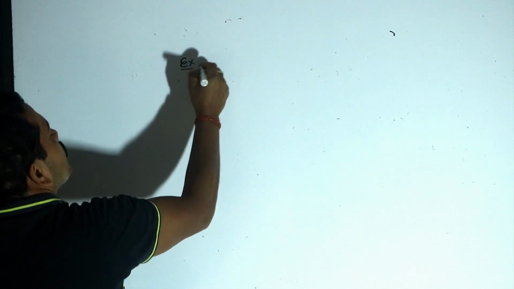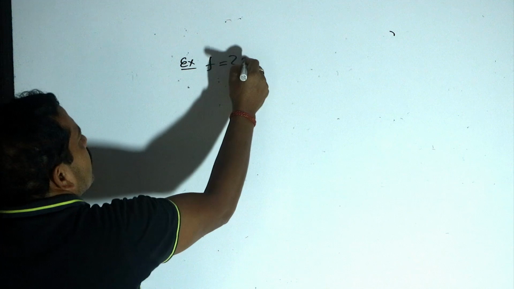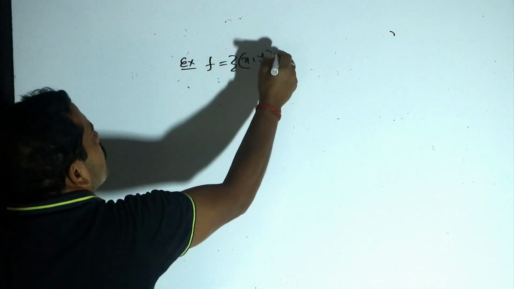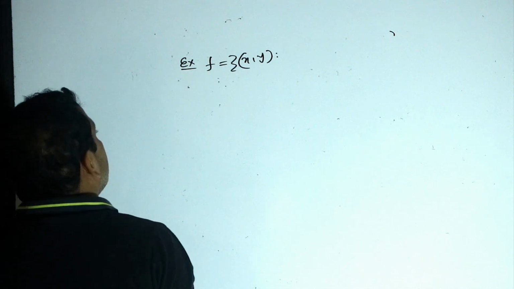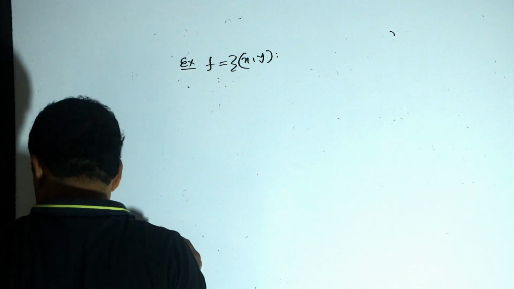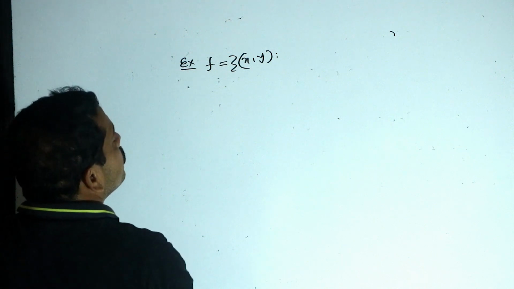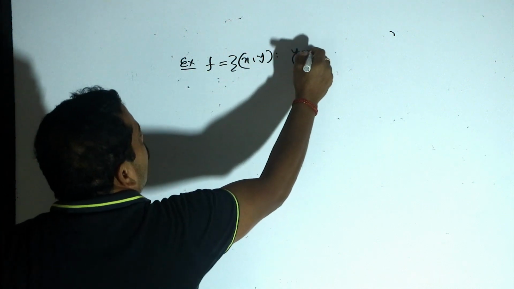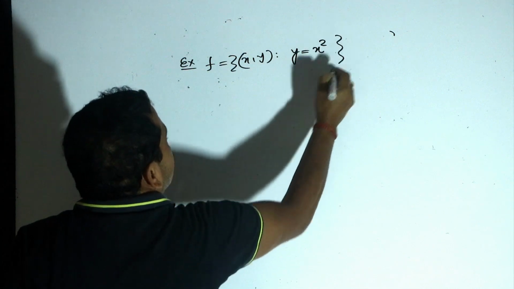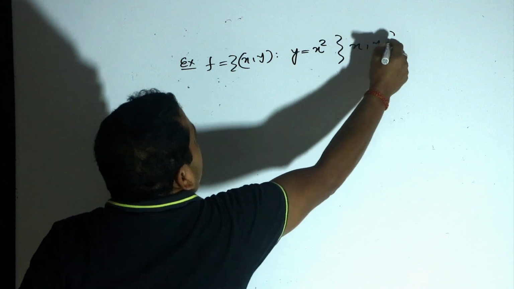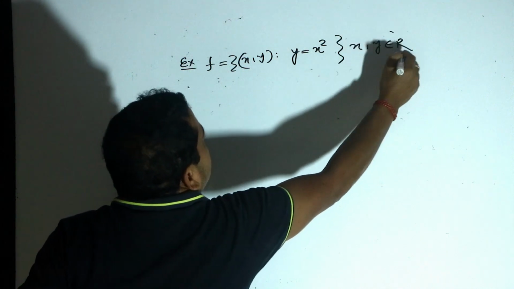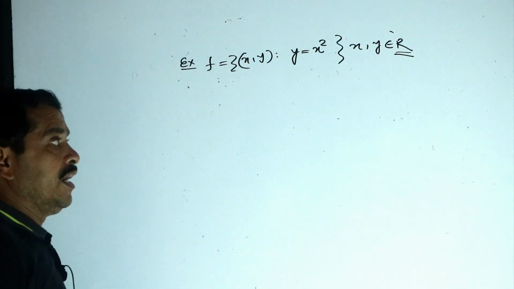Some more examples. Suppose f is {(x, y) such that y = x square, where x and y are real numbers}. Here R stands for real numbers, not relations.